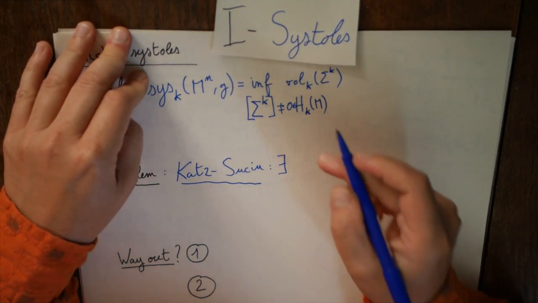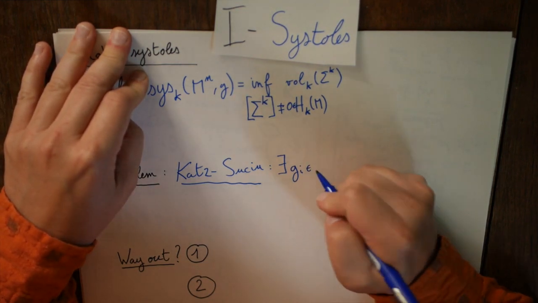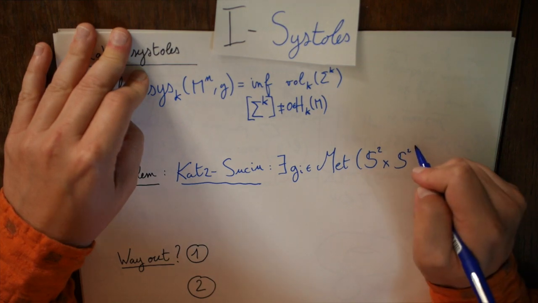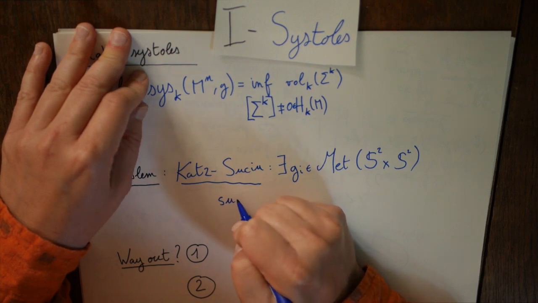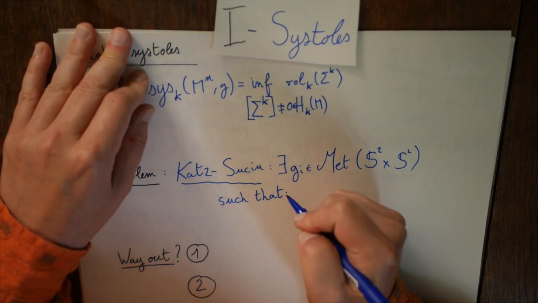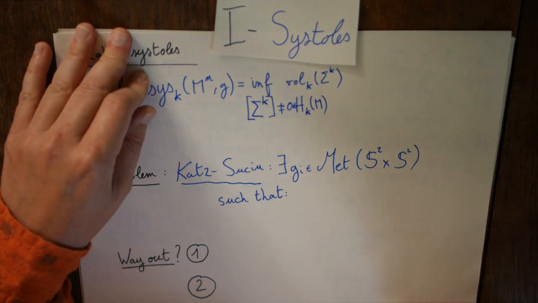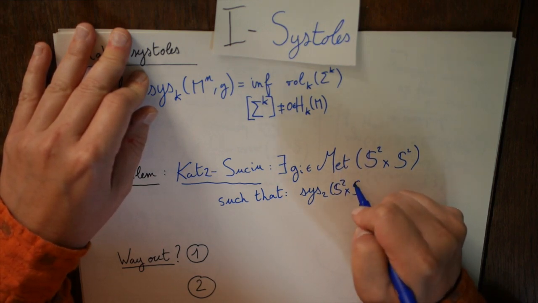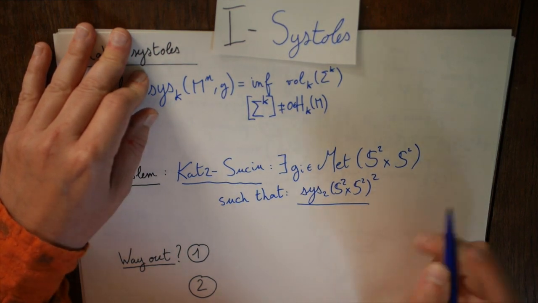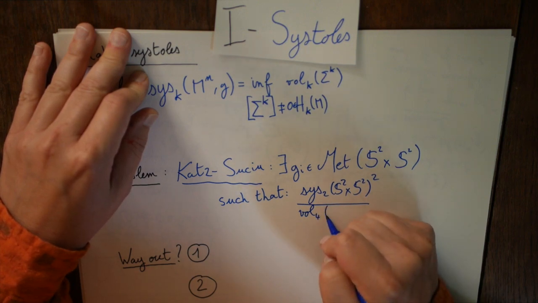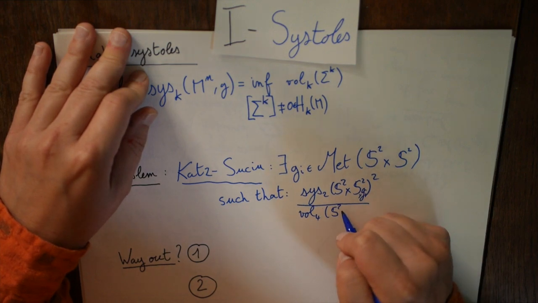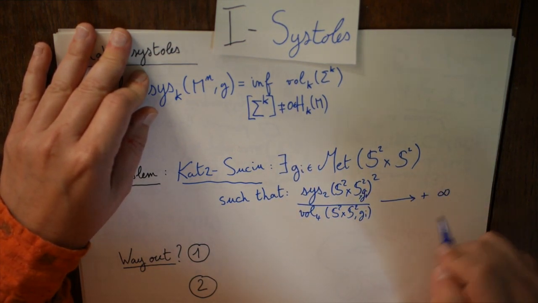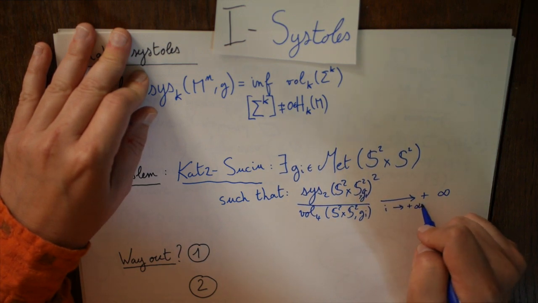which says that there exists a sequence of metrics g_i on the manifold S² × S² such that, if I take the following quantity, the 2-systole of S² × S² squared over the 4-dimensional volume of S² × S² with this metric g_i, then this goes to plus infinity as i goes to infinity.